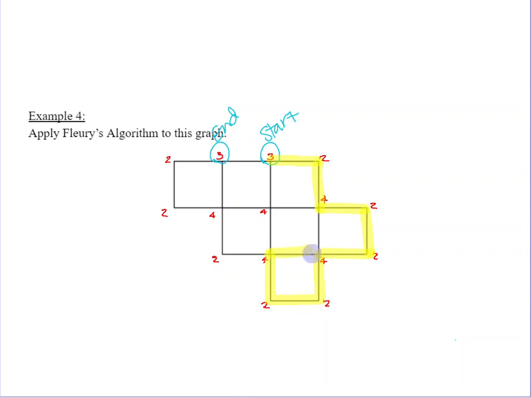Then let me go back this way. Okay, well, there's my Euler path.